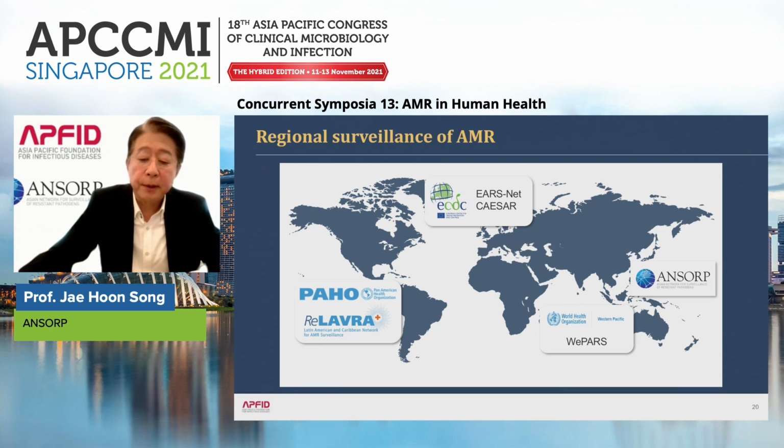In the Asian region, we have the Asian Network for Surveillance of Resistant Pathogens, or ANSORP, which was organized by Asian physicians, and WPARS, which was organized by Western Pacific branch of WHO. And actually, there are a couple of international surveillance programs which are organized by pharmaceutical companies.